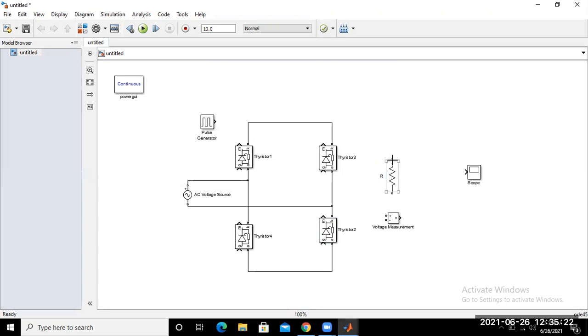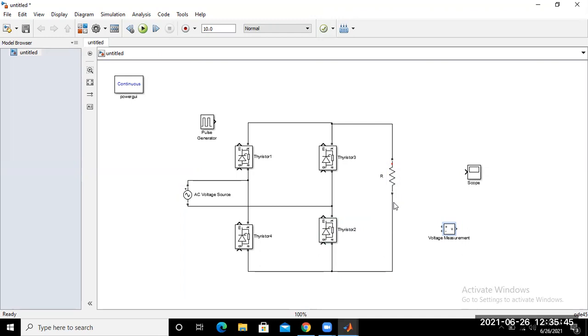So just connect from the output of the rectifier. Okay, and move this voltmeter to this point. Yeah, so the load is connected through the rectifier output.